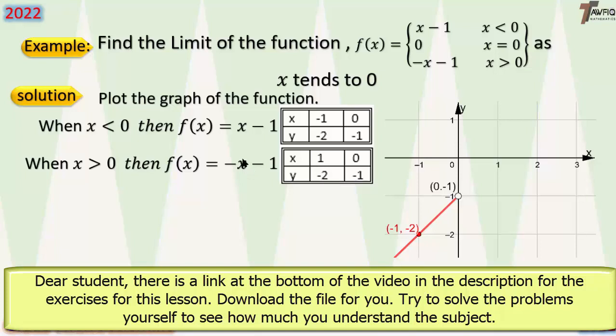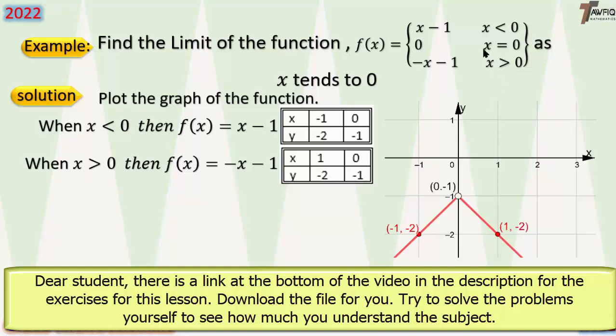And when we replace 0, it becomes minus 1. Therefore, when x is 1, y is minus 2. When x is 0, y is minus 1. And draw these 2 points: here we have 0, minus 1, and we draw 1, minus 2 here. This is the graph of the second part.